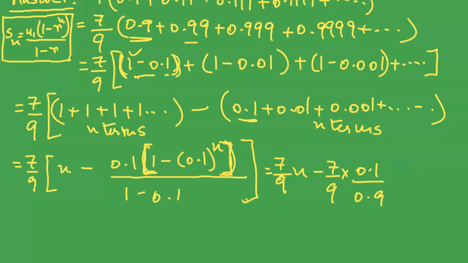Okay, and you are having this part 1 minus 0.1 to the power of n.